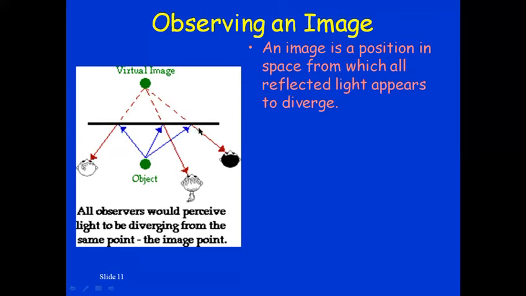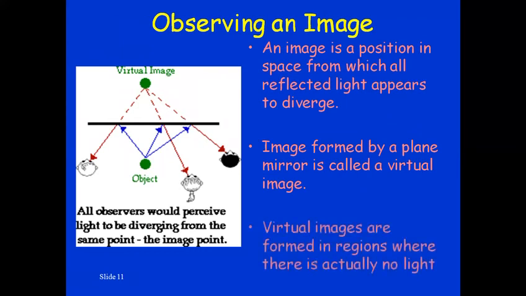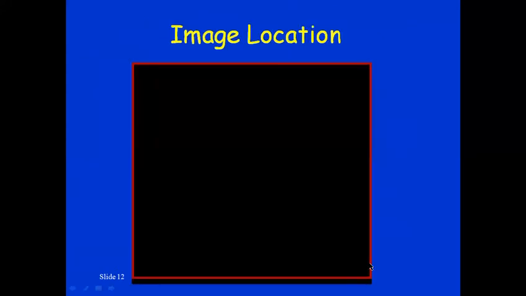Striking the mirror and reflecting to the person, and hence we are able to see the images of objects in plane mirrors. So the image formed by a plane mirror is called a virtual image. And what is a virtual image? These are the images formed in regions where there is actually no light.